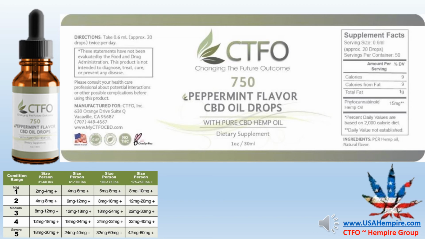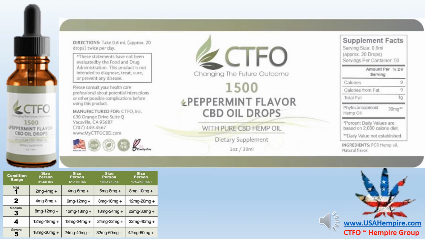And then the 1500, this one is going to be all the same information. On the right-hand side, it's showing 30 milligrams per serving. So if 30 was my goal, I could take 1 serving, which is one half dropper per day, and I could hit my personal goal milligrams.